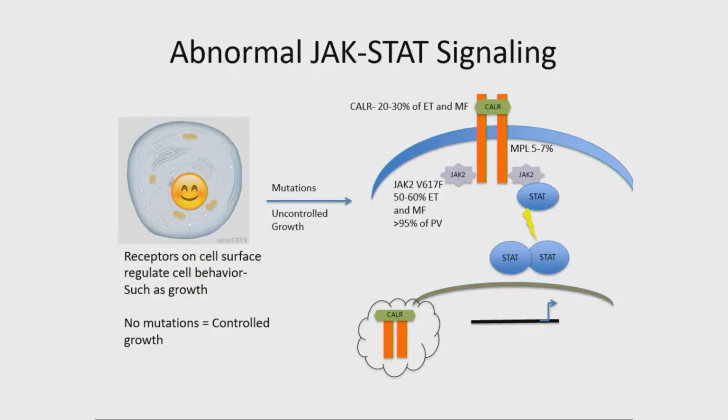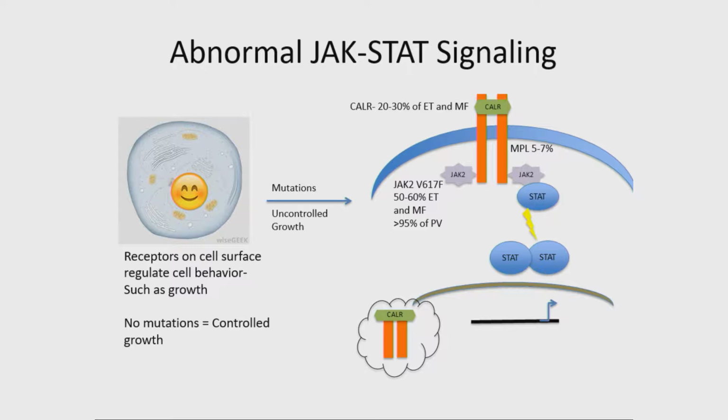And then you have a happy cell. And if the genetics inside of the cell are fine, they don't have any mutations, then you have a cell that doesn't have uncontrolled growth and knows how long to live and when to die. But when you do have mutations, you have uncontrolled growth.